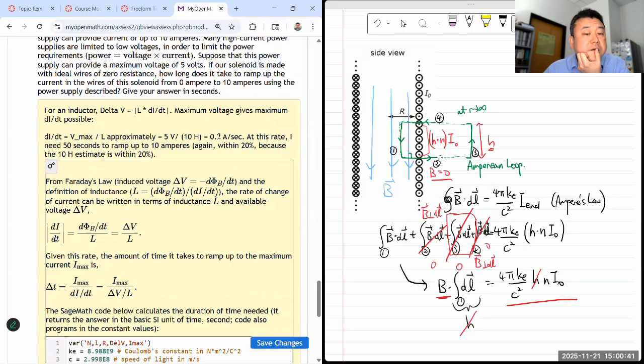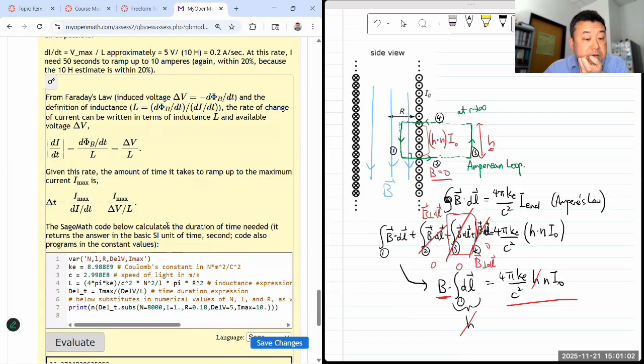I think from here. Wait, so in 5 seconds it'll ramp up to 1. So Imax divided by, so 10 divided by 0.2. That is 50. There might be a mistake in the code.